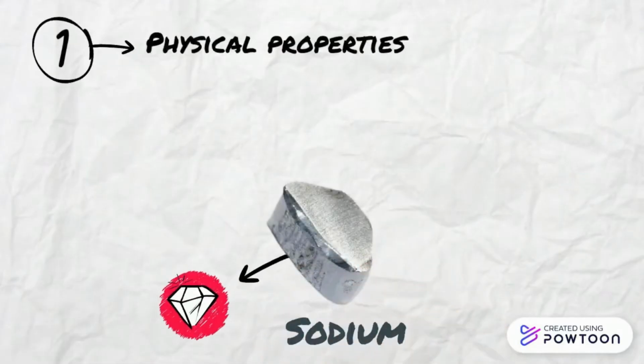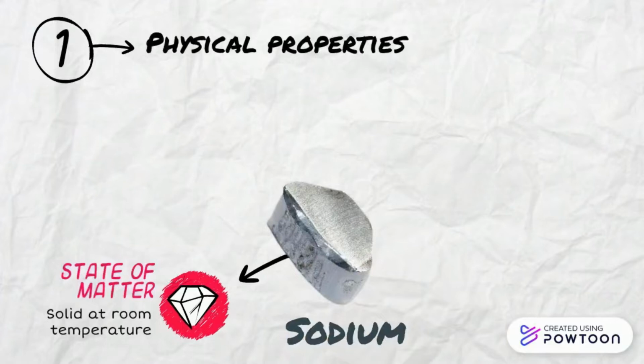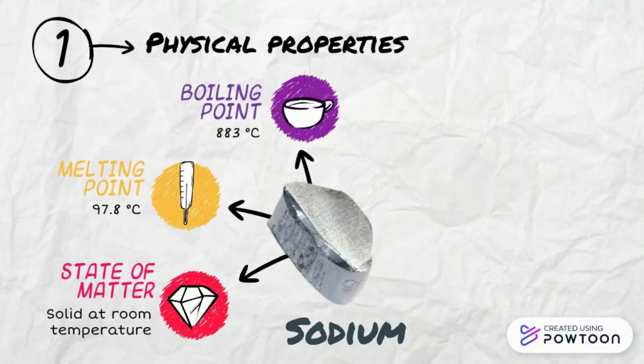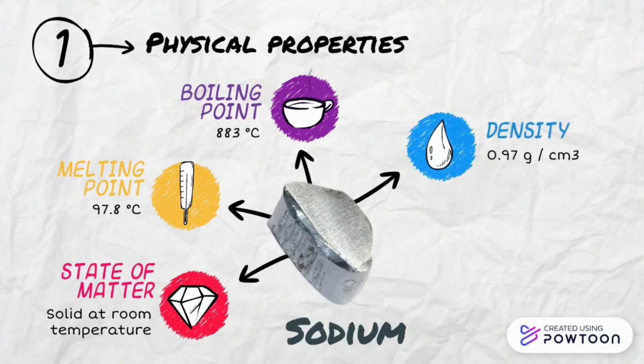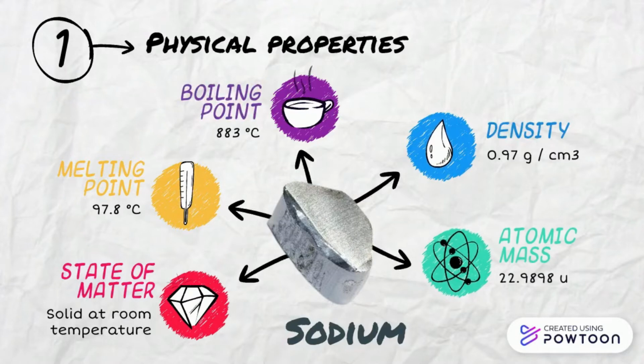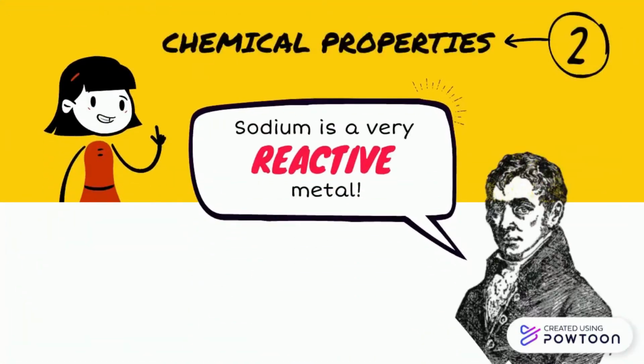Sodium exists in a solid state at room temperature, and it has a melting point of 97.8 degrees Celsius and boiling point of 883 degrees Celsius. The density of sodium is 0.97 grams per cubic centimeter. Due to having low atomic mass, sodium is the third least dense of all elemental metals, and it also can float on water. Sodium is a highly reactive metal.